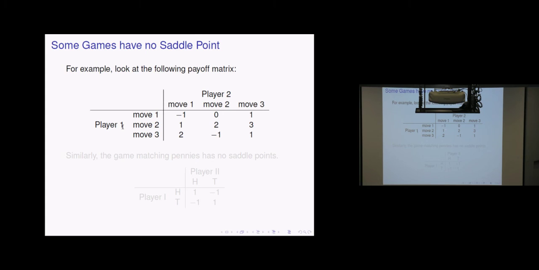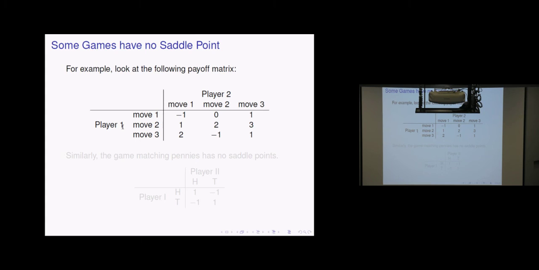What is the minimum? 1 here. Is it a maximum in this column? No, 2 is bigger. So this is not a saddle point. Now look at the last row. Where is the minimum? Here, -1 is the minimum. Is it the maximum of this column? No, because 2 is bigger. So it is not a saddle point. So in this matrix, there's no saddle point.